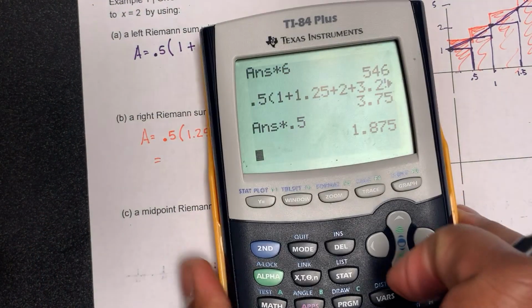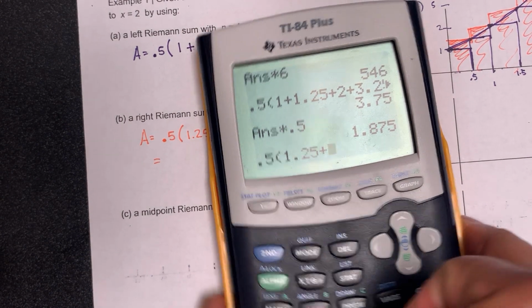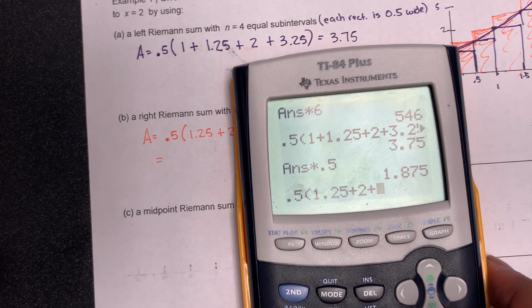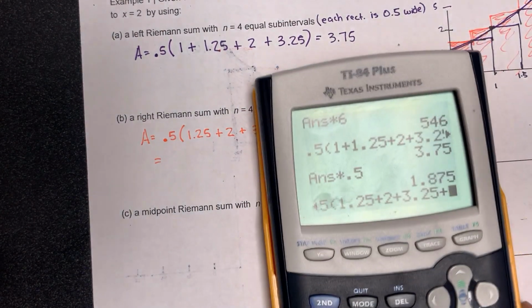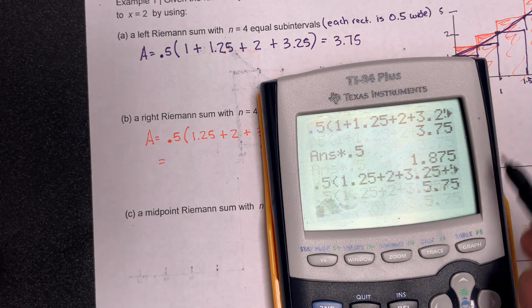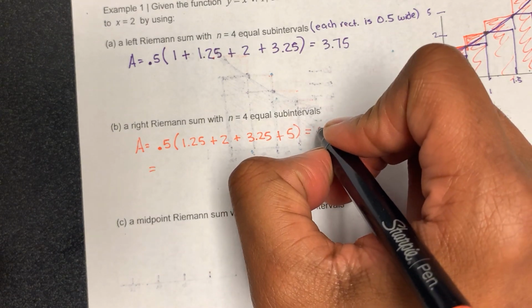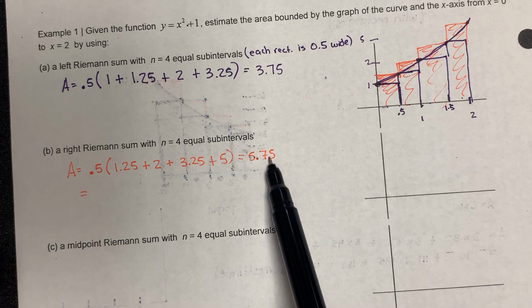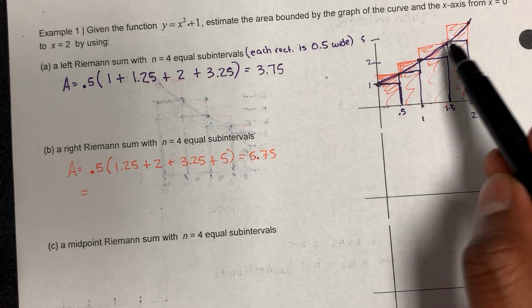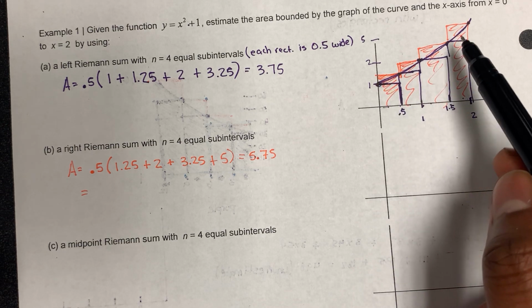That's 0.5 times 1.25 plus 2 plus 3.25 plus 5. So we get 5.75. So this area is, again, an overestimate because it's outside of the curve.